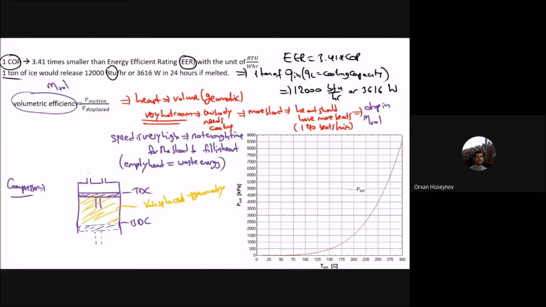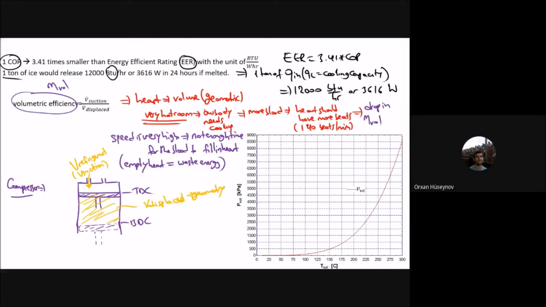But when the compressor displaces this volume, you also have the inlet for that compressor, and that inlet is the volume of the refrigerant. This one is also called V suction. The suction volume of the refrigerant is not the same as the displaced volume.